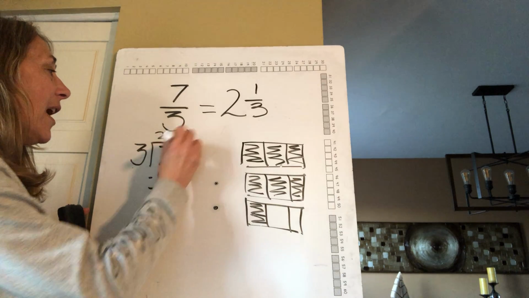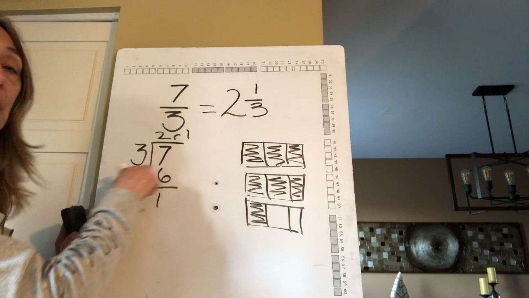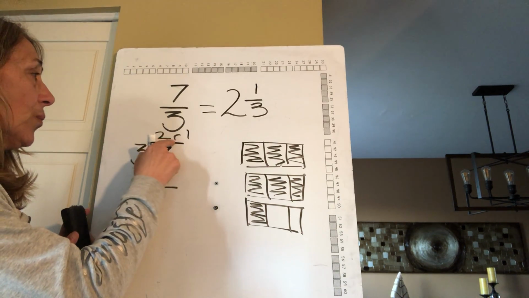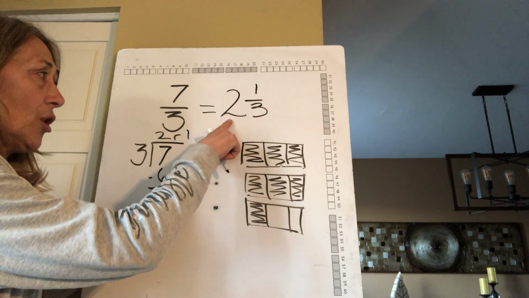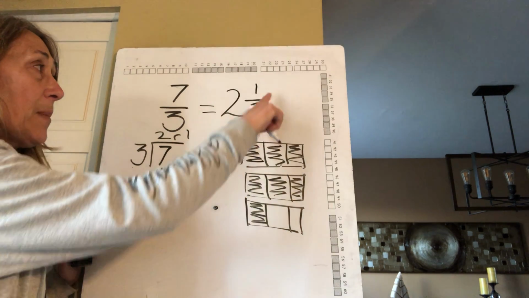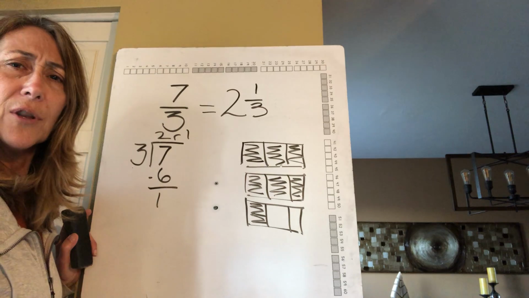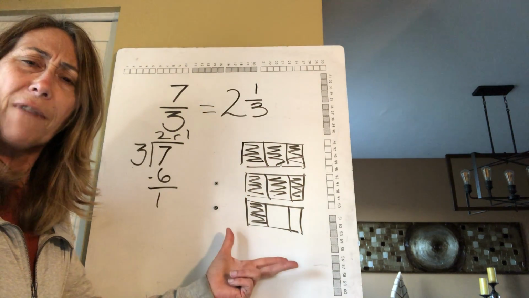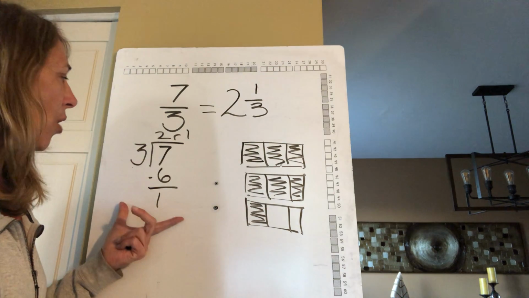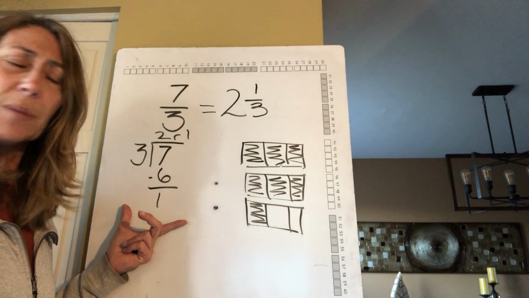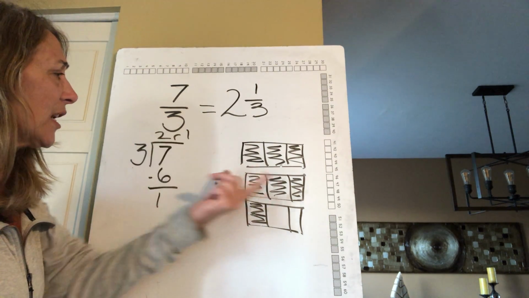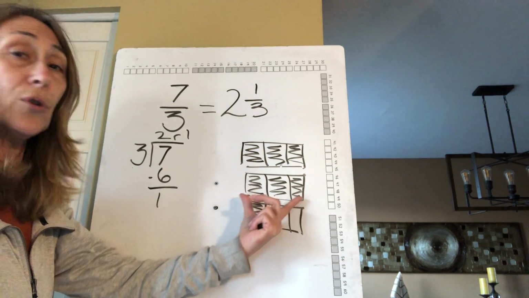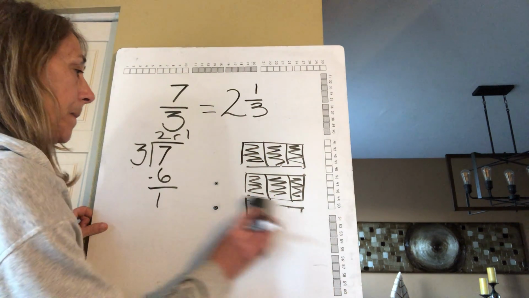I have 1 left. 7 divided by 3 is 2, remainder 1. 2 wholes, and my remainder goes up here for 1/3. One piece remains, it's a third. So I could draw the fraction bars for the visual, or I could do the division, because that's what I am actually doing. I'm dividing it into groups of 3.